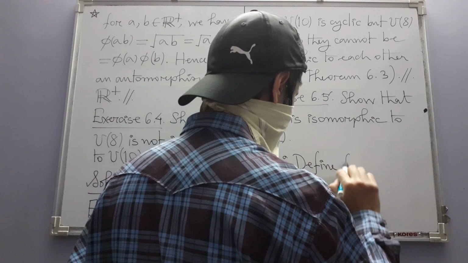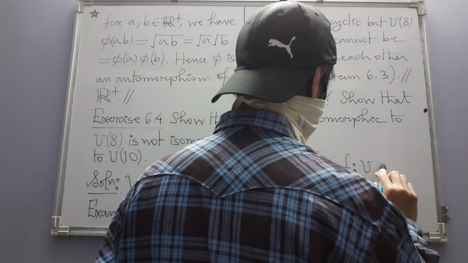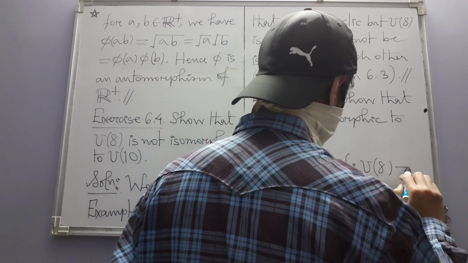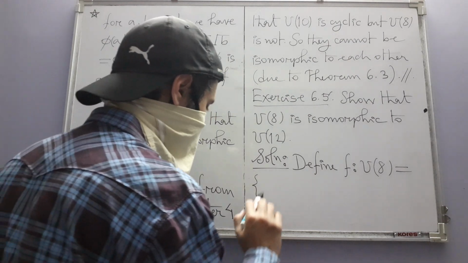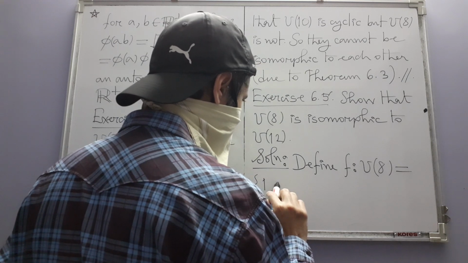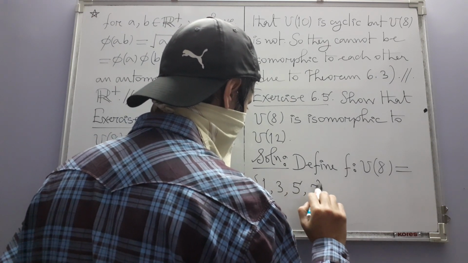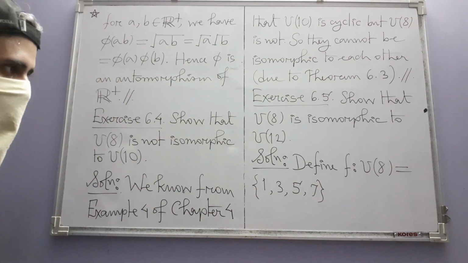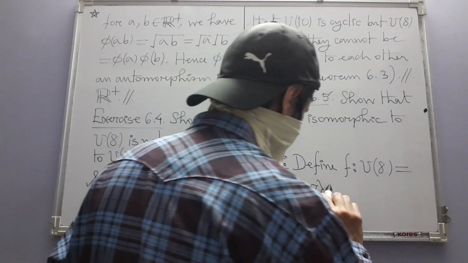Define a function f from U8. So let me just write the elements also here. The elements in U8 are these integers 1, 3, 5, 7, all the positive integers less than 8 and relatively prime to 8.